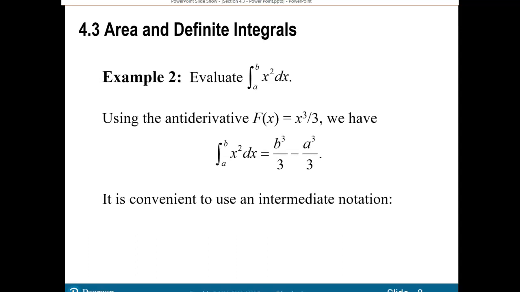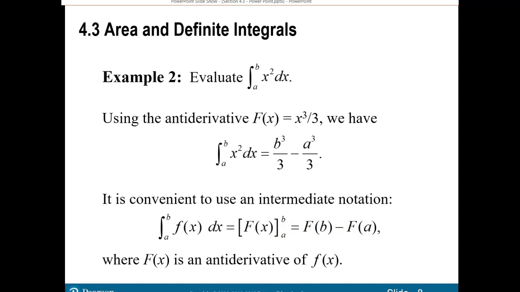It is convenient to use an intermediate notation, meaning a step in between. So we would write this as we're doing the problem so we can kind of keep it all together as one process. So we'll write down our antiderivative, and then outside of it we'll put b and a on the bottom and the top. Then we'll plug in b and plug in a. Okay, so that capital F is your antiderivative function.